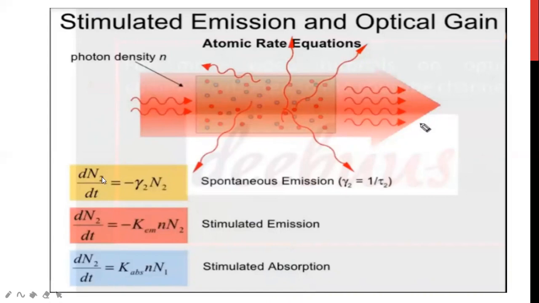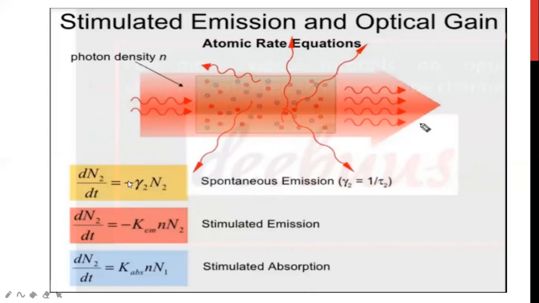Then dN2/dt is given by minus gamma 2 N2. That is, spontaneous emission is controlled by a factor gamma 2, which defines the lifetime of the excited electrons in the higher level.